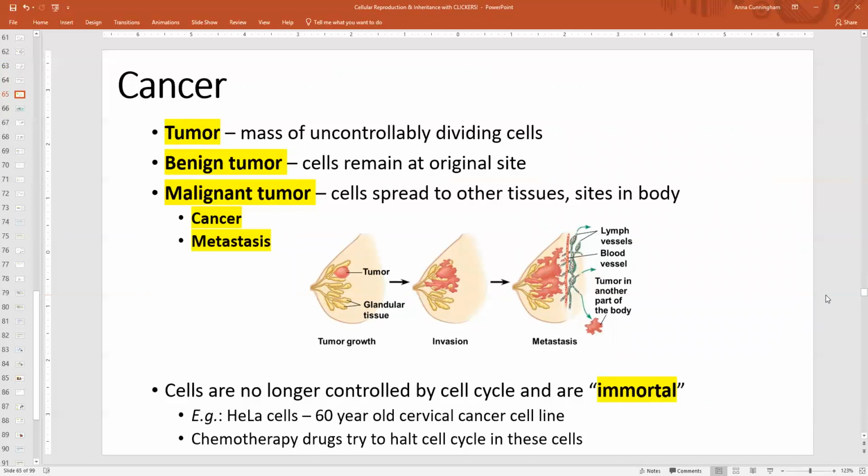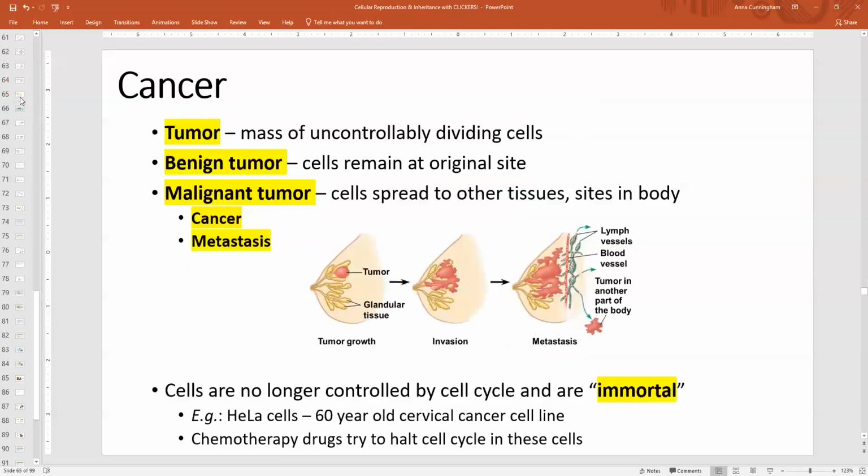First off, we classify any kind of mass of cells that are growing because of uncontrolled cell division. That is a tumor, right? So anytime you have a bunch of cells that have grown out of control, so basically those cells have bypassed those checkpoints, the G1, G2 checkpoints. What am I missing?